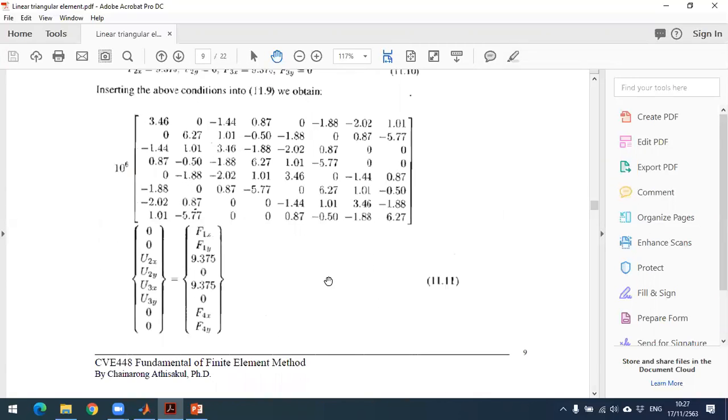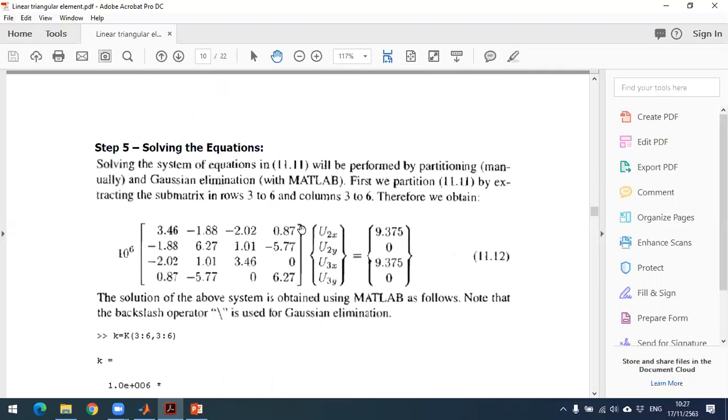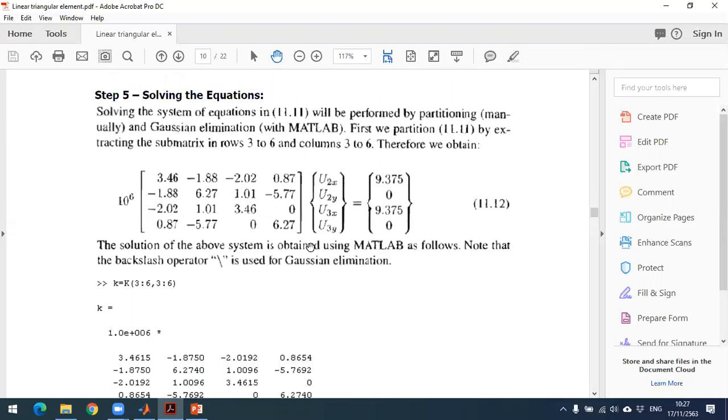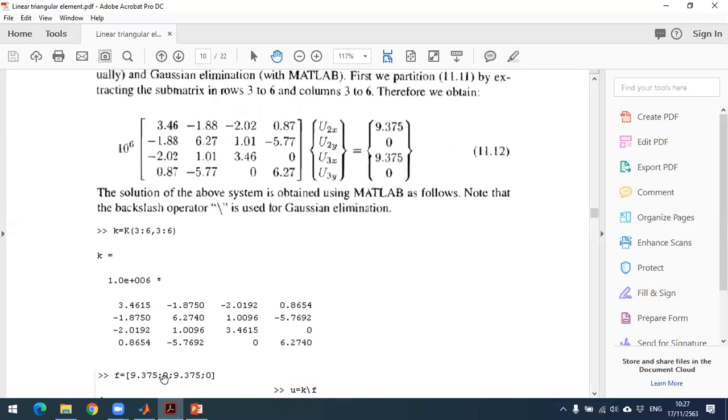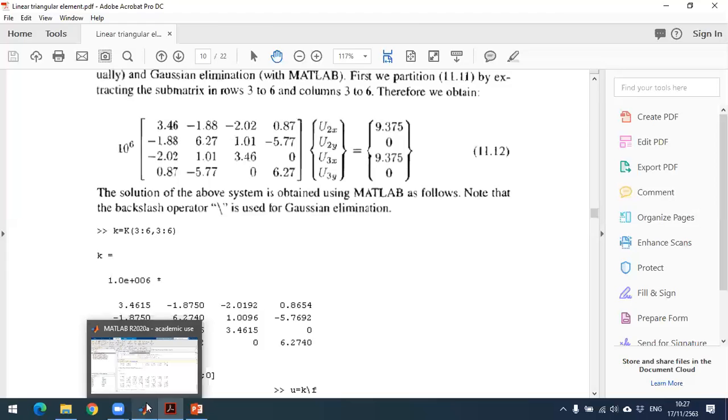And after we apply the boundary condition, we will obtain this equation. For the first one, we have to apply the boundary condition first.